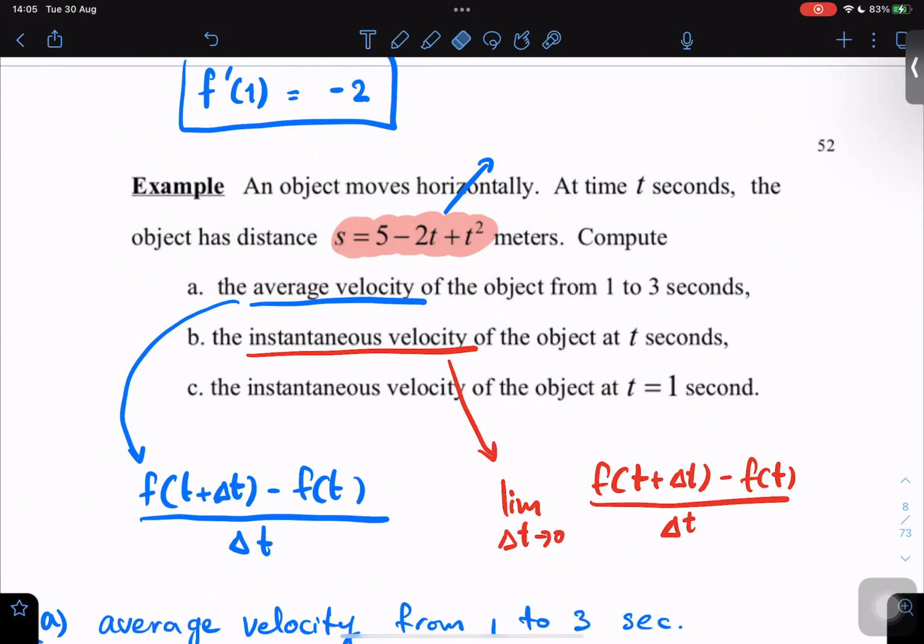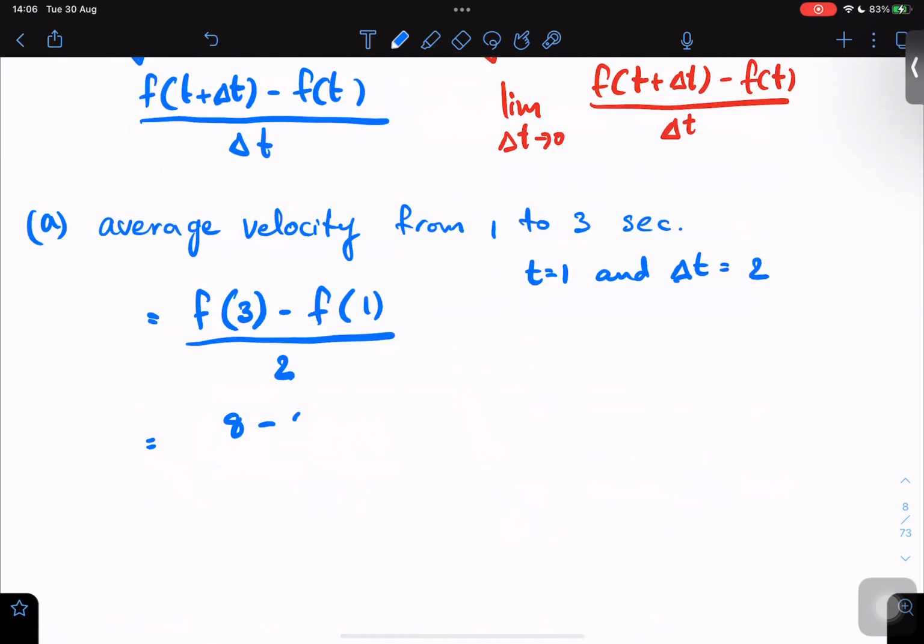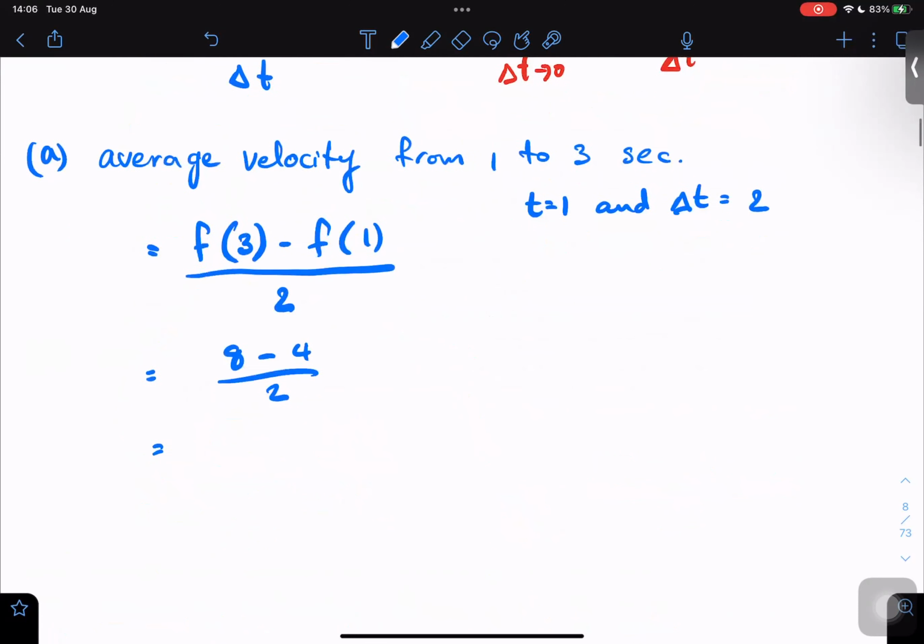And when you plug in 1, it becomes 5 minus 2 plus 1 squared, which is 4. So this will become 8 minus 4 over 2, which is equal to 2. That's it.